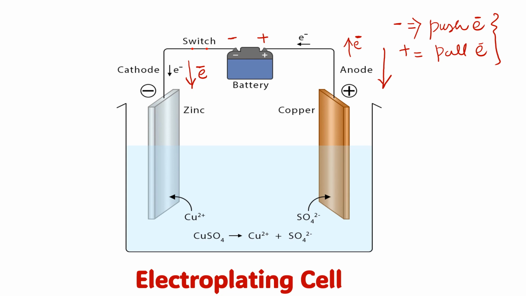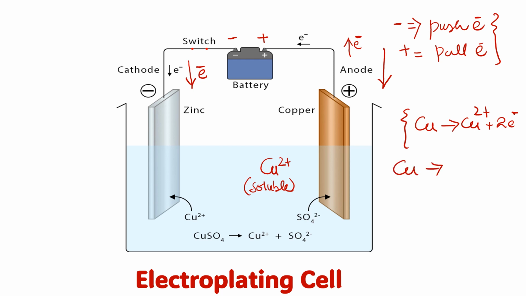So Cu2+ ions are soluble in solution. In order to convert copper into Cu2+ ions, we need to connect the copper metal with the anode, or positive terminal, of the battery.